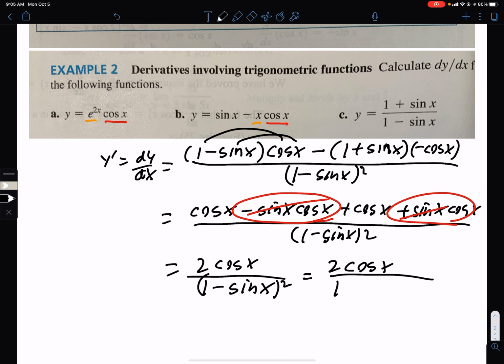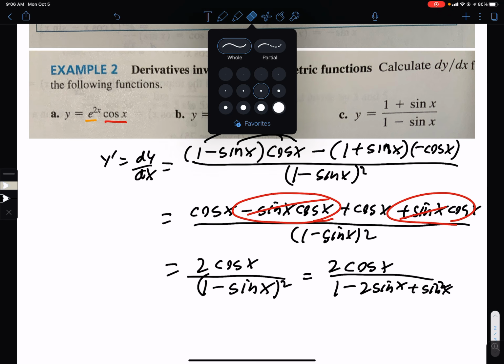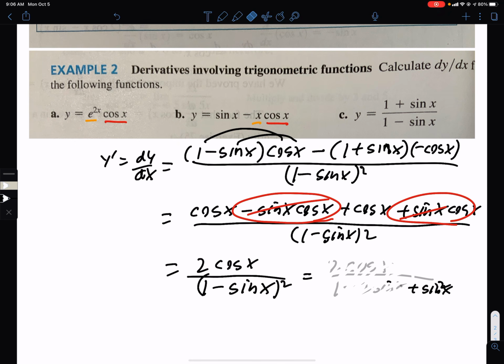The bottom becomes 1 minus 2 sine x plus sine squared x. And that doesn't really do anything for me, so that was a waste of energy. The previous one is the factored form, which is how we normally like to have our answer. So that is C.